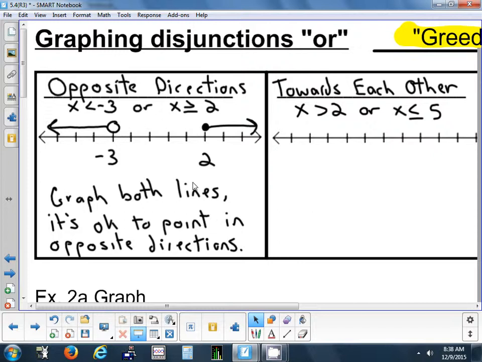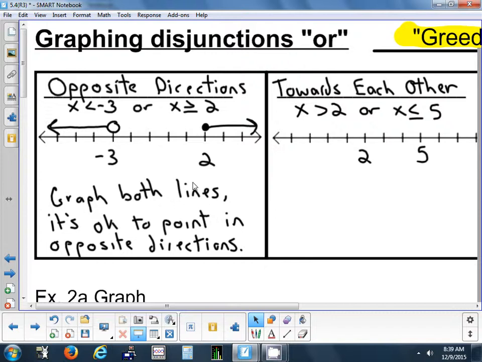So I'll say I have 2 here, and I have 5 here. I'm going to have an open dot, because there's no line underneath, open dot here. Which way is my line going to go? To the right or to the left? To the right. That's where the arrow is pointing. So here, going this way. Then I've got this.